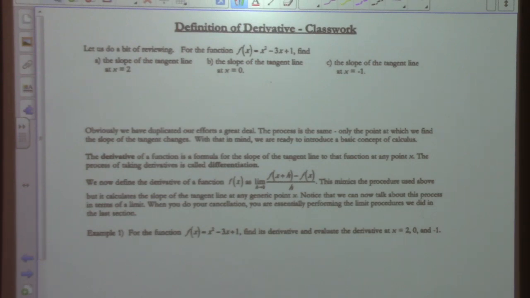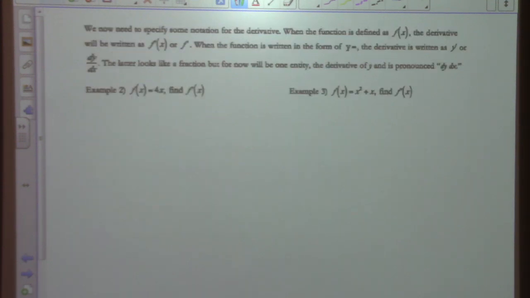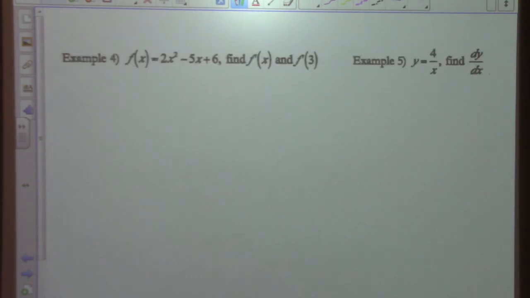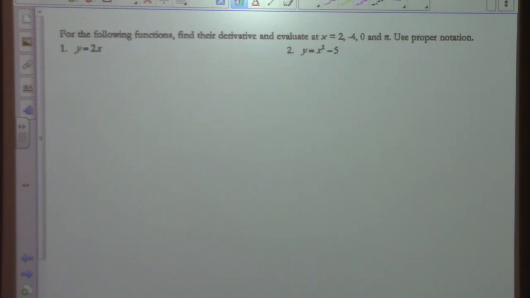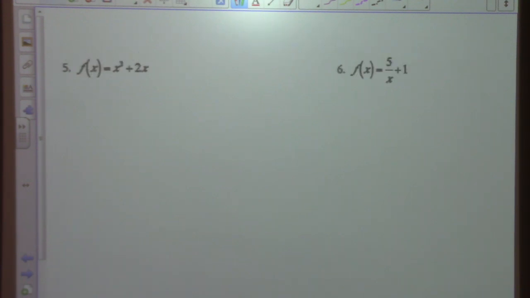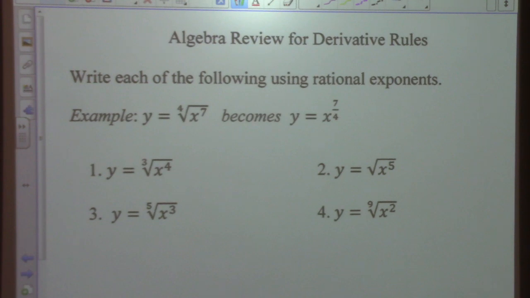And definition of derivative, we sort of played with these last Friday, I think, a little bit. Yeah, we did, and did things like that. And so what I want to do for this is go to these algebra review for derivative rules. Do you see this here? Yes.